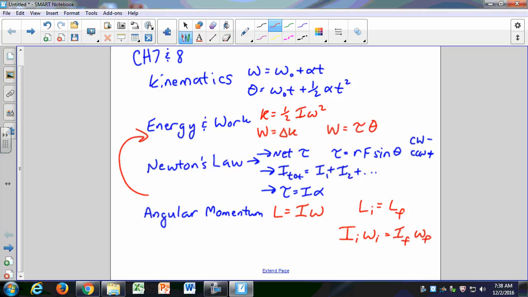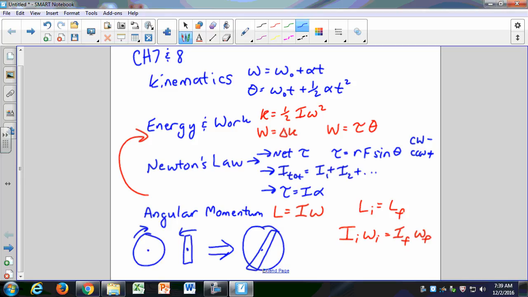Sometimes we're only dealing with one body in angular momentum problems. Sometimes we're dealing with two bodies. For example, if you look back at some of the old tests, I think we worked one like this in class, where I have two objects, say a disk and a bar that are both spinning, this one spinning in this direction, this one in this direction. They each have their own angular momentum, and then we put them together, and we want to know the final angular speed.